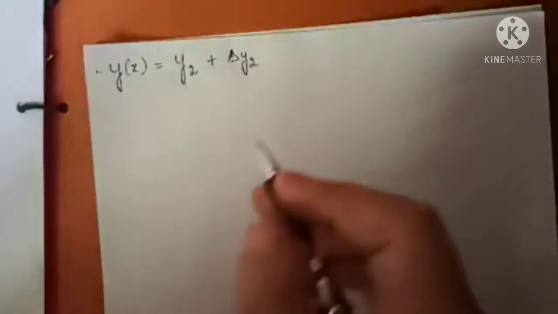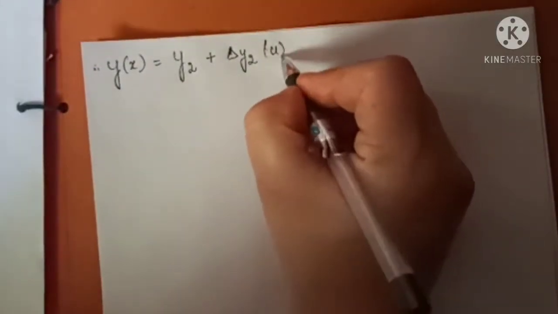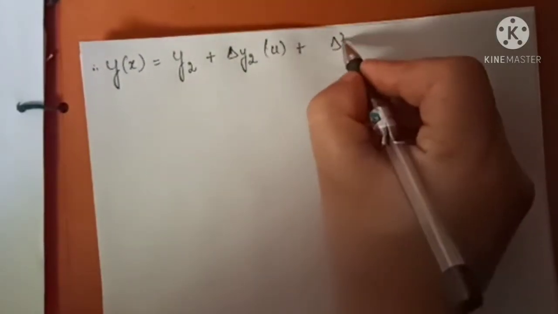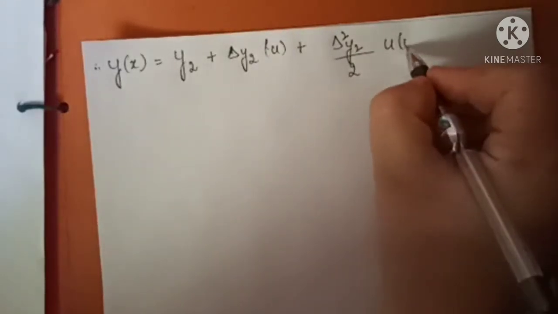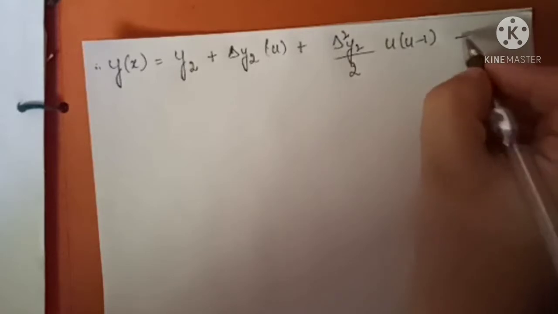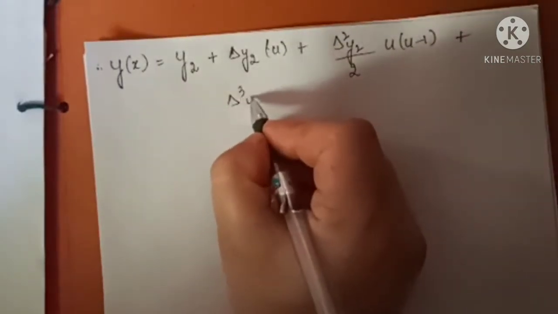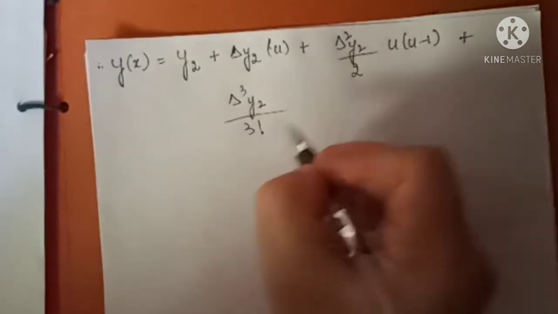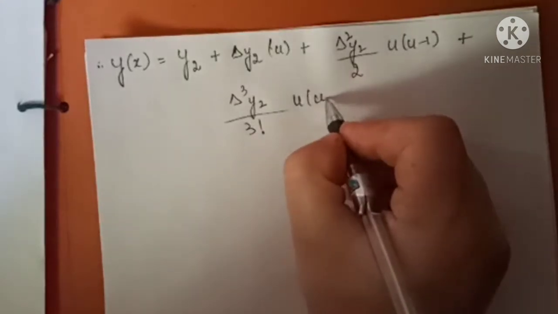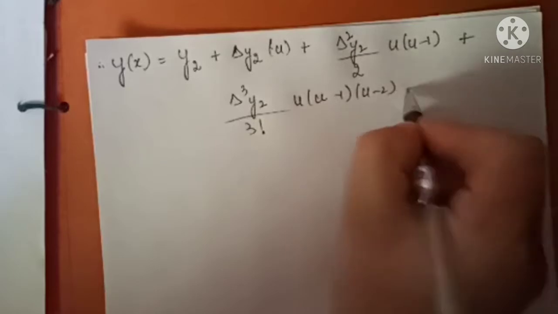Delta y2 times u plus delta square y2 divided by 2 u into u minus 1 plus, we have to go up to third order, so this is delta cube y2 divided by 3 factorial, u into u minus 1 and u minus 2.